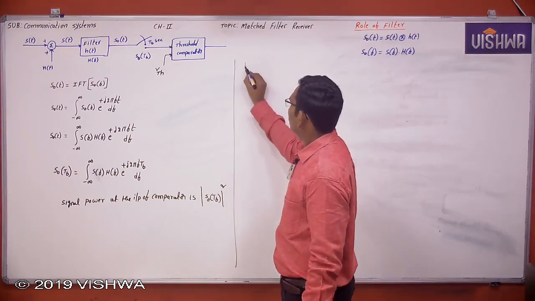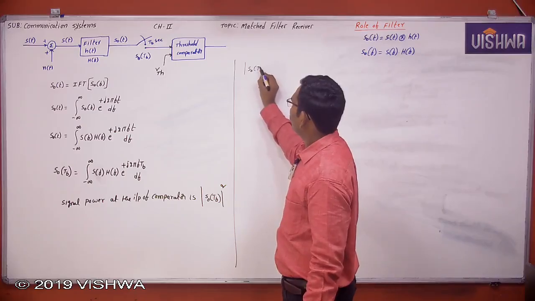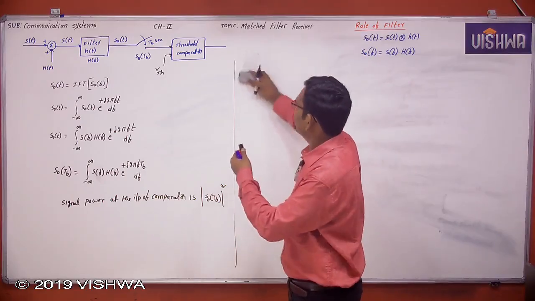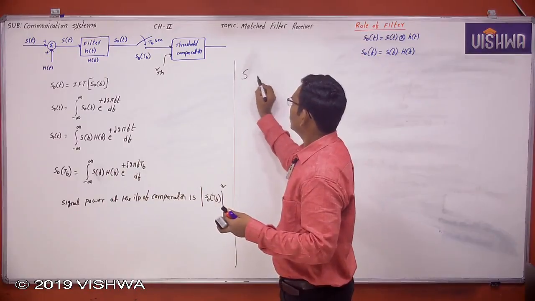Therefore S naught of tb is the signal strength. Now this is the signal power.